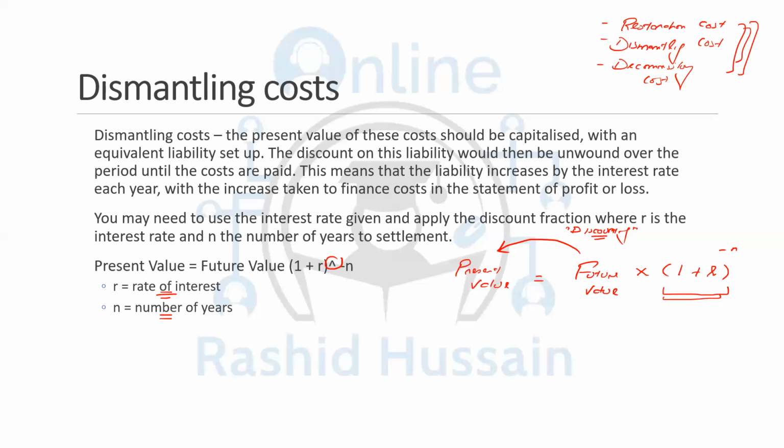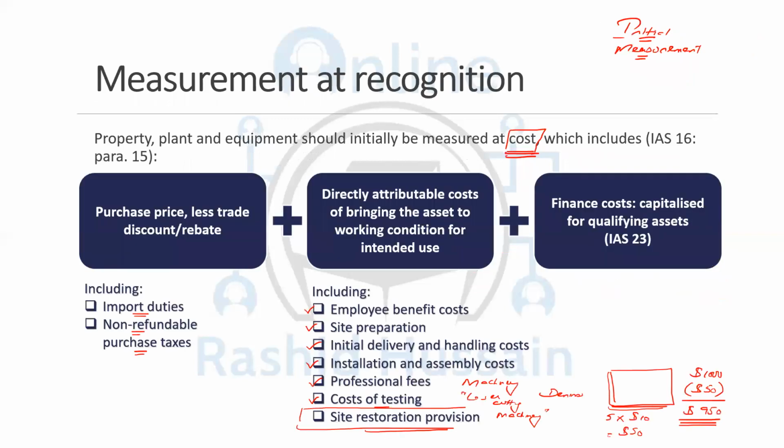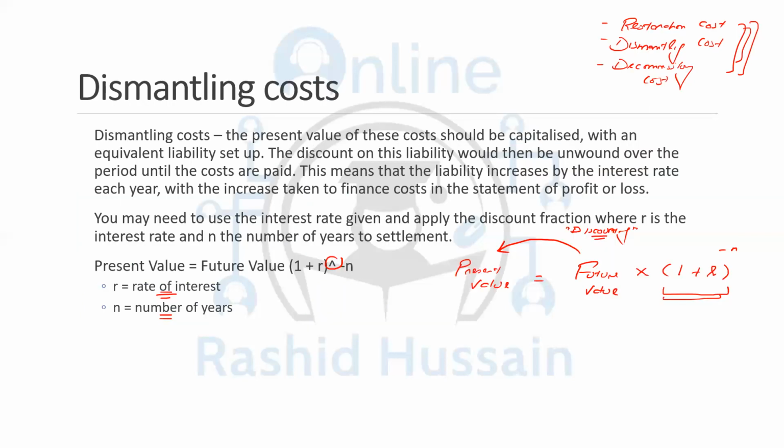Then this cost is a direct cost because it will be incurred due to this particular asset which you are using. So it's a direct cost. And we have studied that any direct cost should be capitalized. So because you're using it and you have an obligation to dismantle it, whatever the cost of that dismantling is, you need to make that cost part of the asset cost.